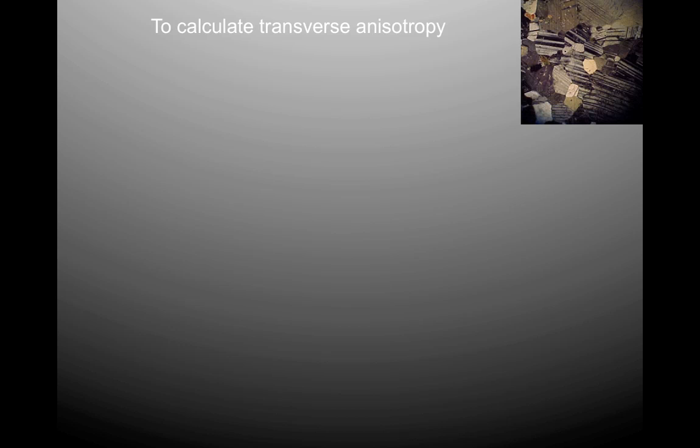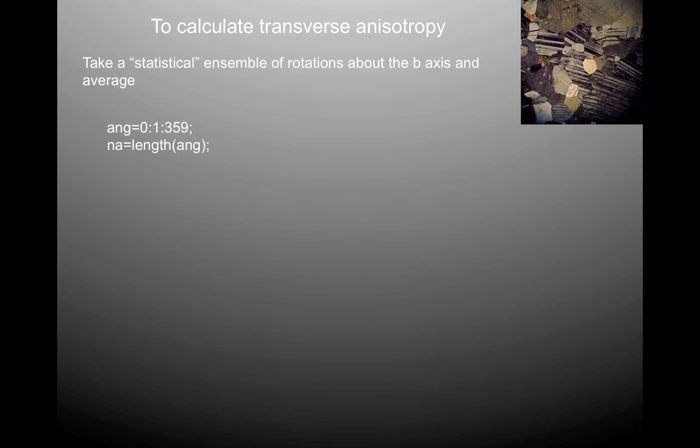Now let's consider what happens when you have an ensemble of crystals that are aligned on the B-axis, and the A and C axes simply form a girdle about B. Okay, to get an appropriate average, I'm taking a set of angles for rotation about B, and I'll take it in 1 degree steps from 0 to 359.